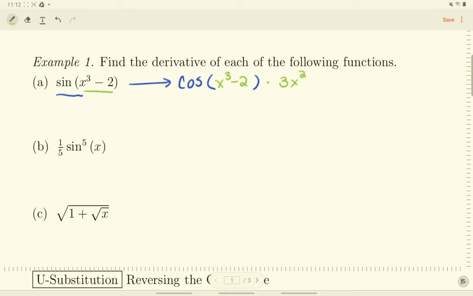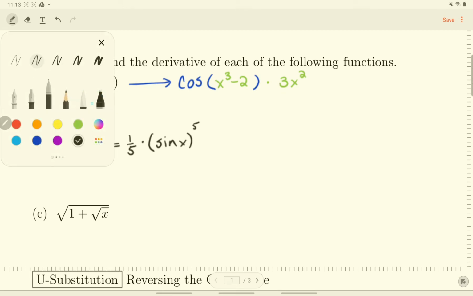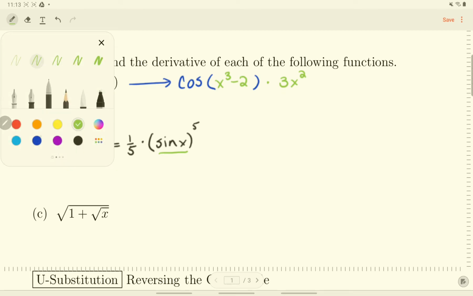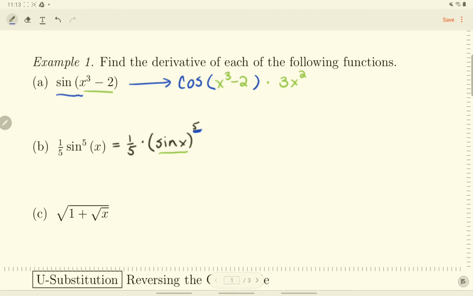Okay, let's look at the next one. This one is a little harder to see what's the inside, what's the outside, unless we rewrite it. So this function, 1/5 sine to the 5th x, is the same thing as saying 1/5 times sine of x, that to the 5th. So the 1/5 is off by itself, but that whole sine of x is to the 5th power. Now I can see that I have an inside function, which is sine, and an outside function, which is that 5th power, because sine was plugged in to the something to the 5th function.